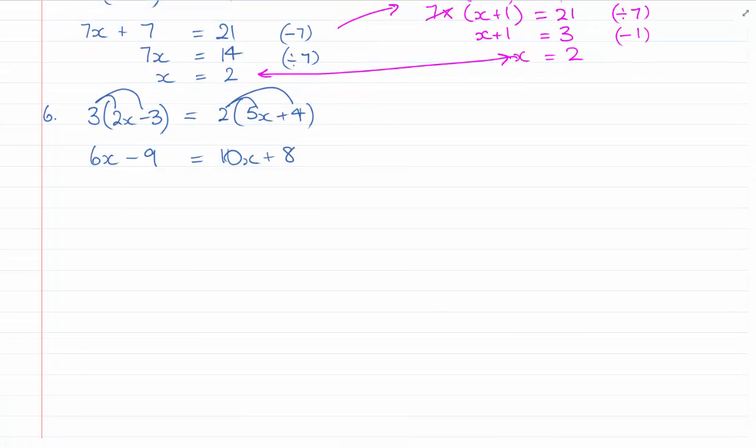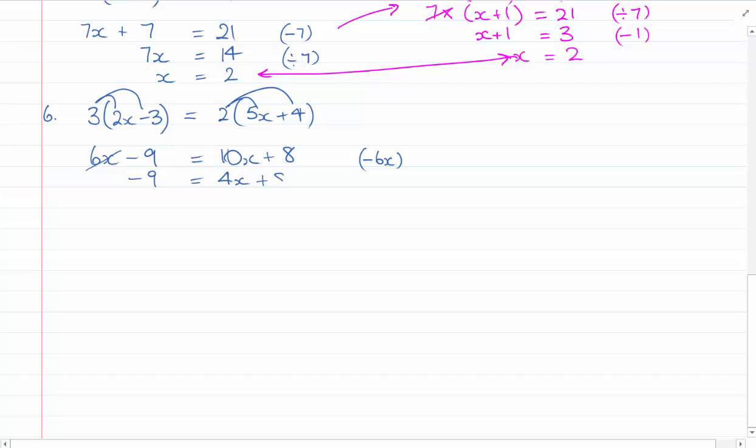Now I'm going to simplify this. So I'm going to make the choice myself to subtract 6x on both sides, so the x's remain positive. And by doing this, I will come out with -9, because that will cancel, equals 4x plus 8.